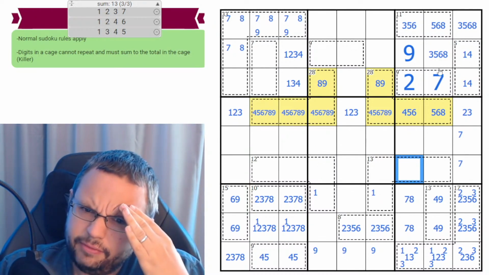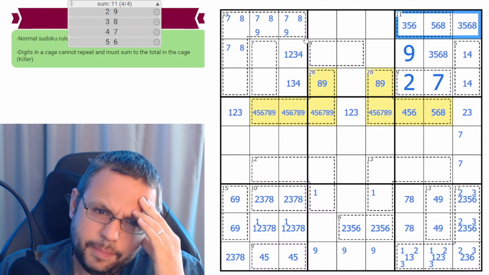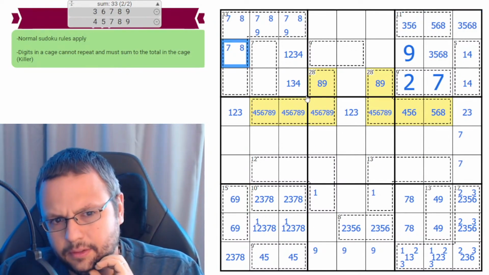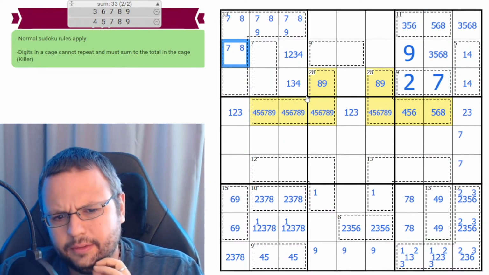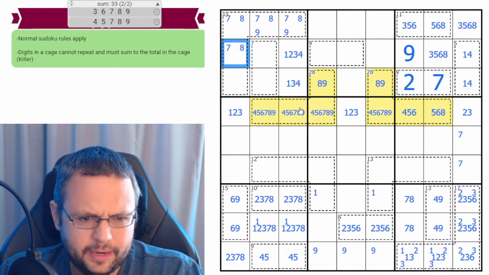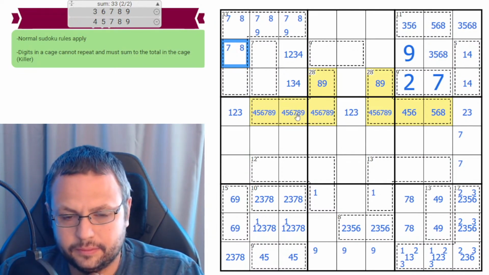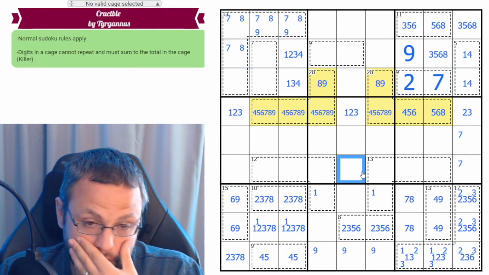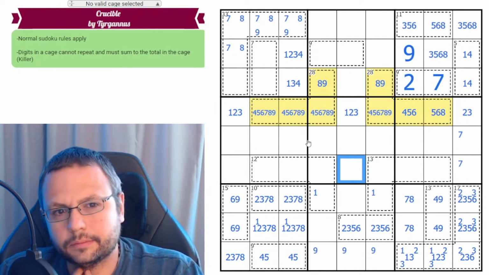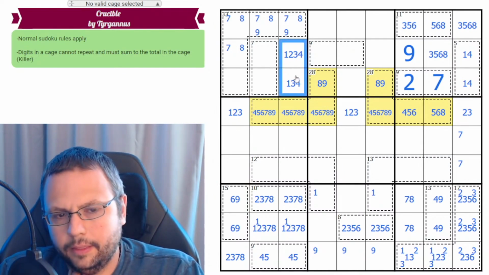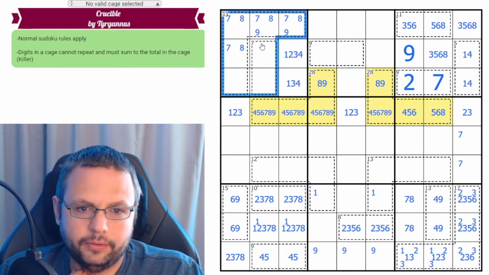Let's see. If the 8 were up here, it would place an 8 exactly there. But I don't see anything immediately wrong with it. These two add to 5, remember, because the rest of these add to 40.